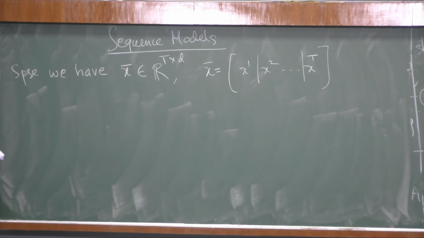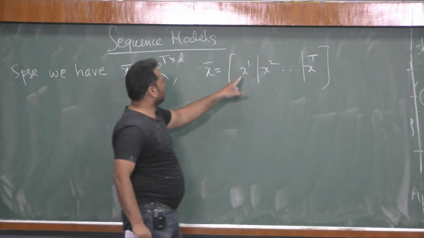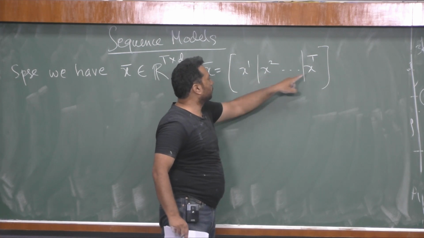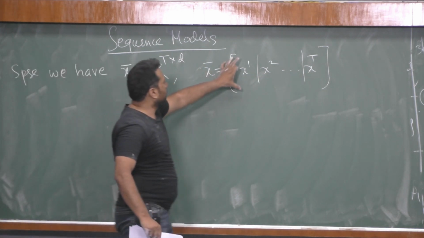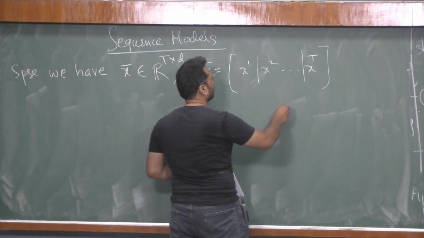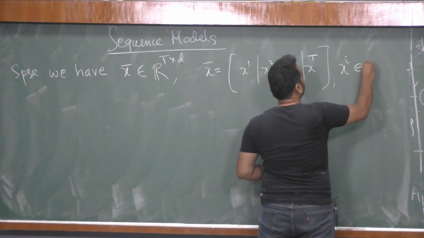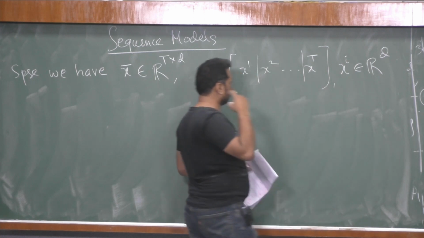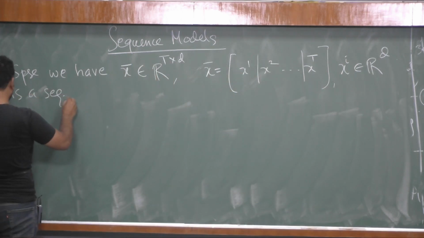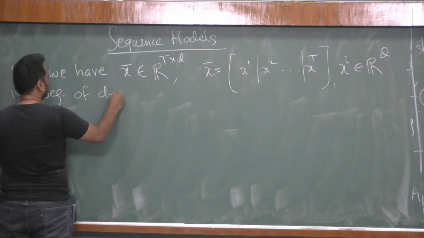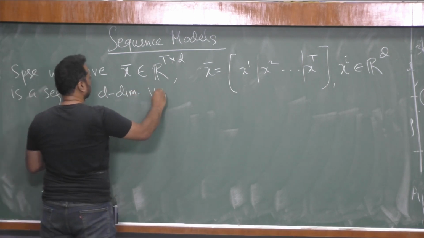So these are the sequences we are talking about. x1 is the first in the sequence, x2 is the second in the sequence, xT is the last in the sequence, and each of these is a d-dimensional vector. This is how we define a sequence of d-dimensional vectors.